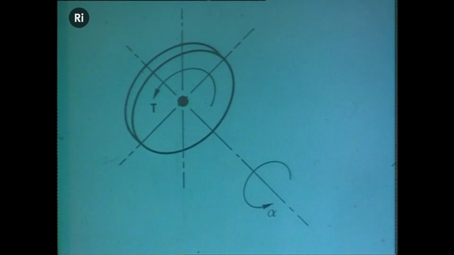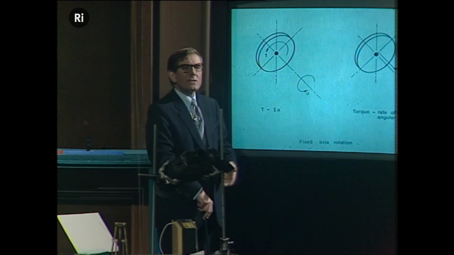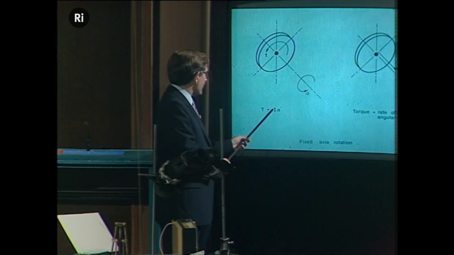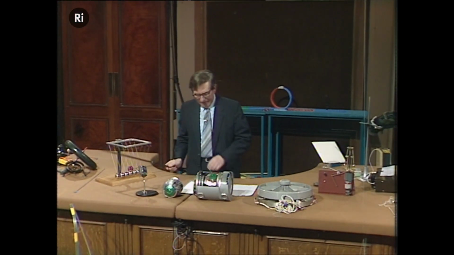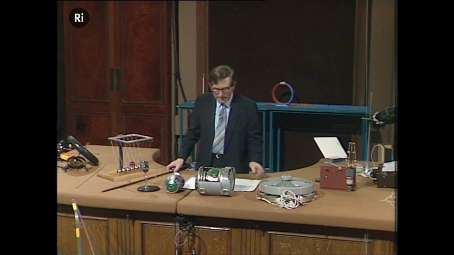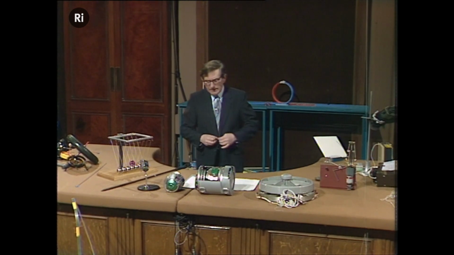And the relation between the torque and the acceleration is just the same as in Newton's law, except we're talking now about circular motion. And instead of mass, we have a quantity called moment of inertia, which is related to mass and the distribution of mass about the axis in question. And that's a rather important feature of angular acceleration, which we'll return to shortly.